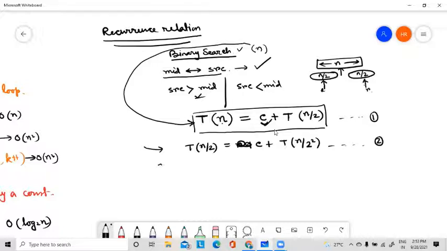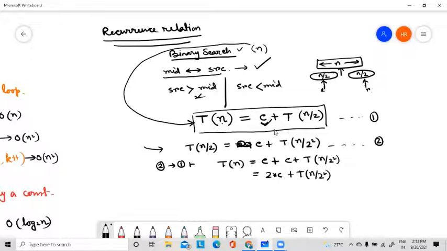Now I am putting 2 into 1. Putting 2 into 1, what will I get? I will get T(n) = c + [c + T(n/2^2)], so it becomes 2c + T(n/2^2). This is my equation number 3.